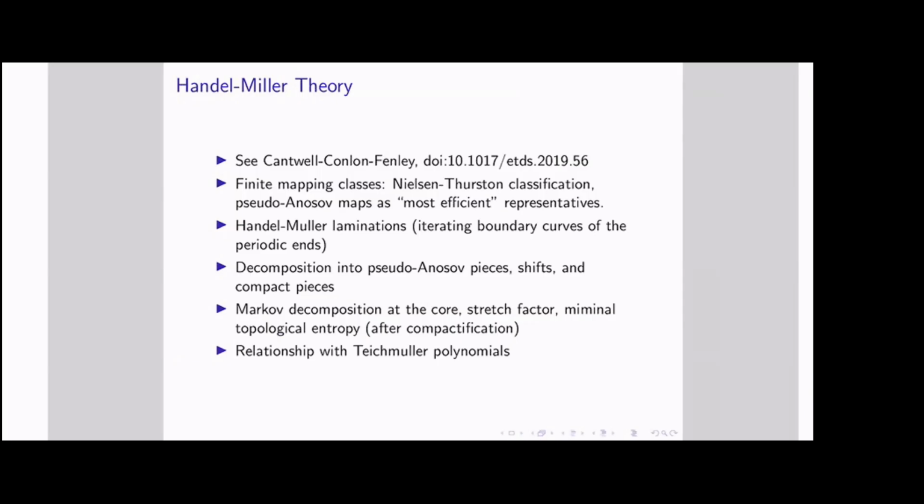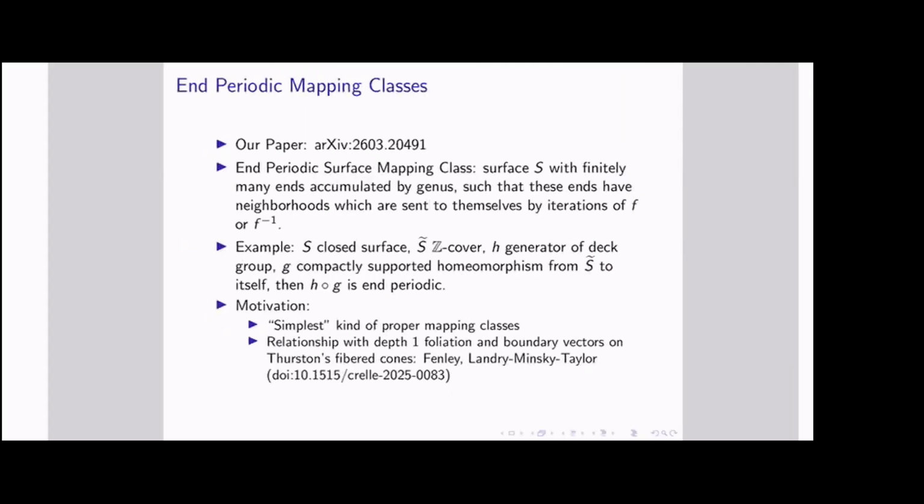In particular, the question that I've been thinking about for a while is this: instead of having H composed with G, the deck transformation composed with G, we can consider, in place of a deck transformation, the deck transformation composed with the lift of some self-map from S to S. Certain self-maps of S can be lifted to the Z-fold cover.